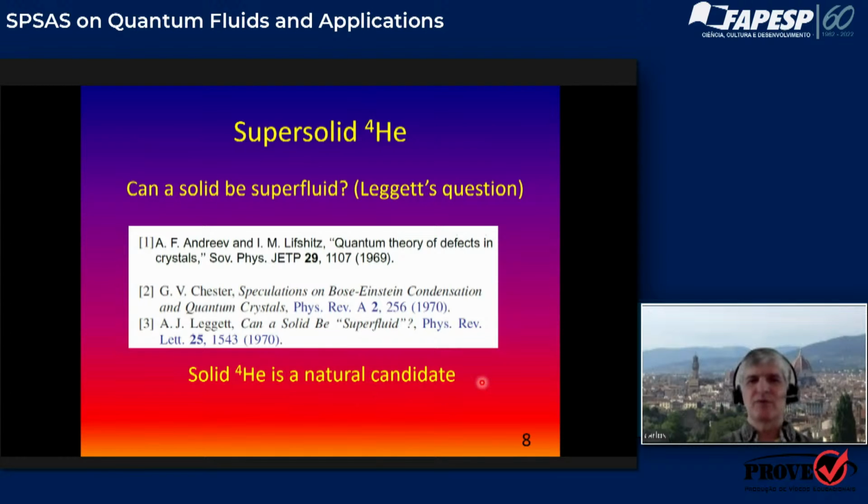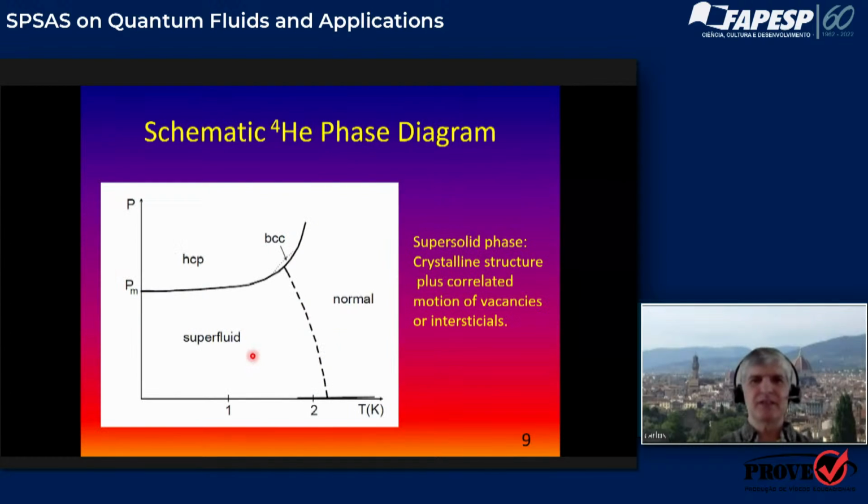Solid helium-4 was obviously a natural candidate, especially if you look at the phase diagram, this schematic one in terms of pressure versus temperature. You have a wide area of a superfluid phase, a wide area of normal phase at normal pressures, but at sufficiently high pressures, the system forms a crystal. It could be hexagonal close-packed or body-centered cubic, but it forms a crystal nevertheless.